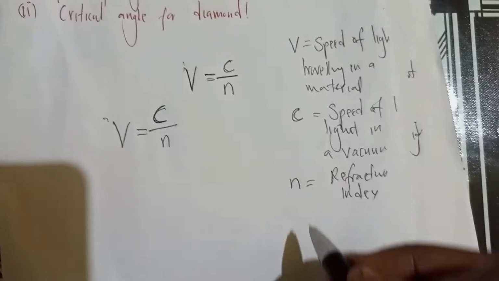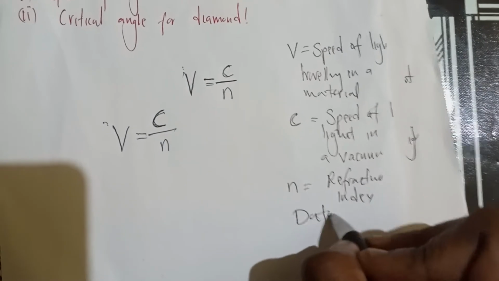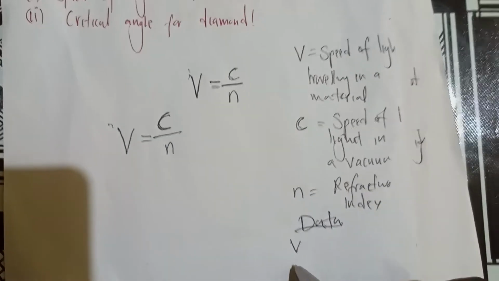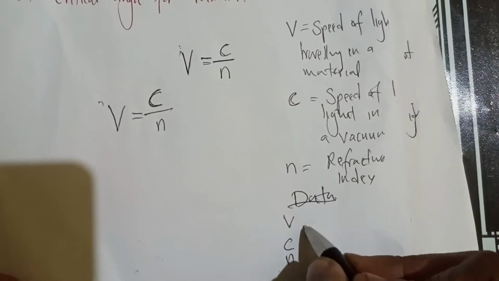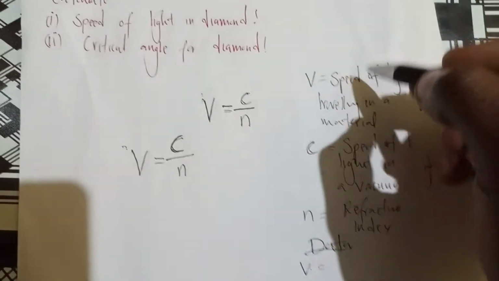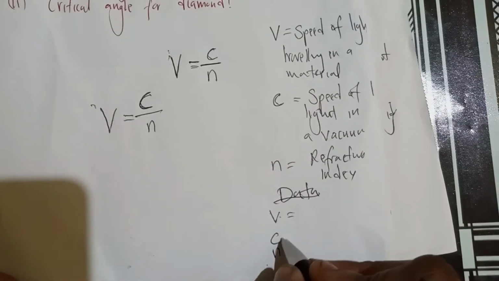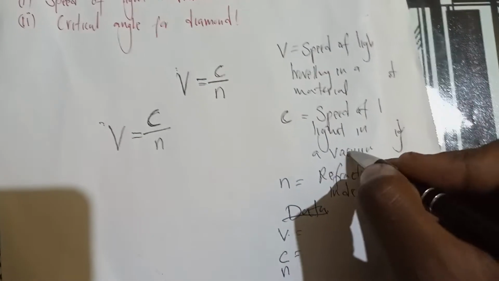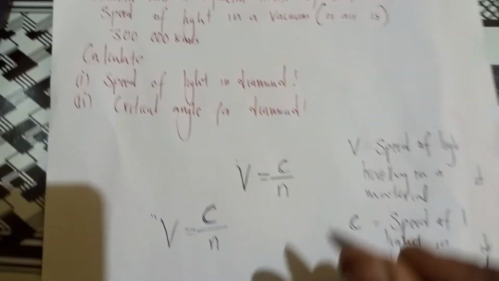So if we try to put the data here, we'll say data. Okay, do we have V? Do we have C? And do we have N? V is the speed of light traveling, C is the speed of light in a vacuum, N is the refractive index.